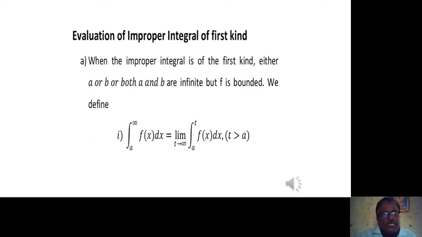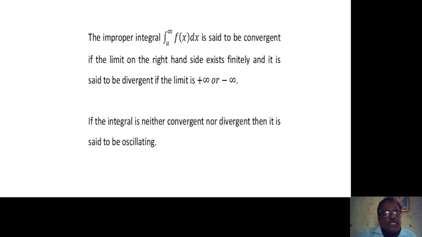In this case the improper integral is said to be convergent if the limit on the right hand side exists finitely, and it is said to be divergent if the limit is plus infinity or minus infinity. If the integral is neither convergent nor divergent, then it is said to be oscillating.